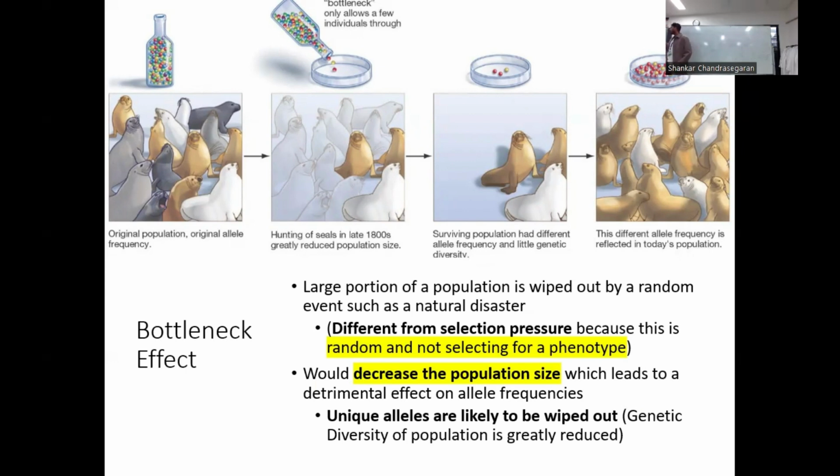Basically, anything that causes a large portion of the population to be randomly wiped out. It's specifically random because none of them was selected for or against. It's just randomly wiping out a portion of the population, leaving behind whatever's left to reproduce and restore the population to what it was.